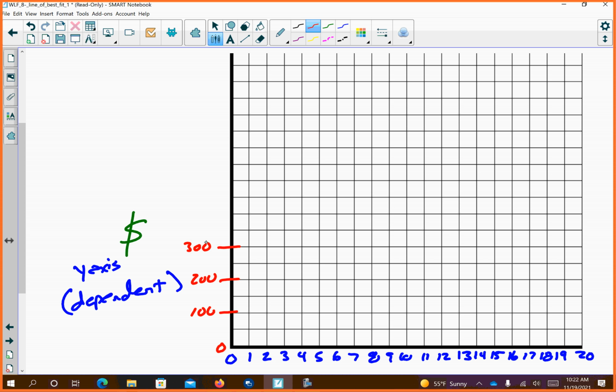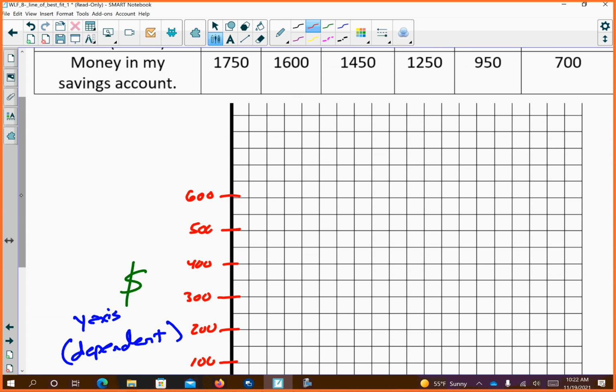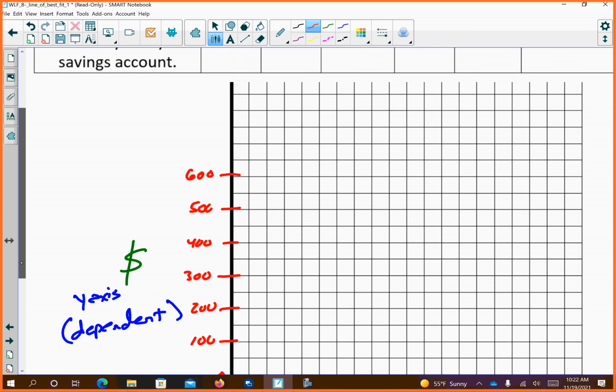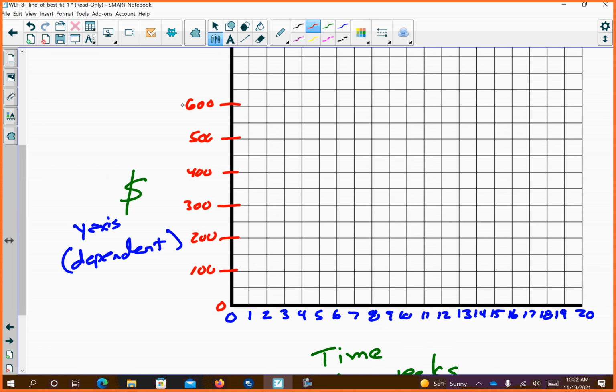Where the middle would be the 50 mark. 400, 500, 600. And this might not work. Nope. See, I chose the wrong, didn't I? All right, so maybe let's count each line as the hundreds because I ran out of space, which happens.